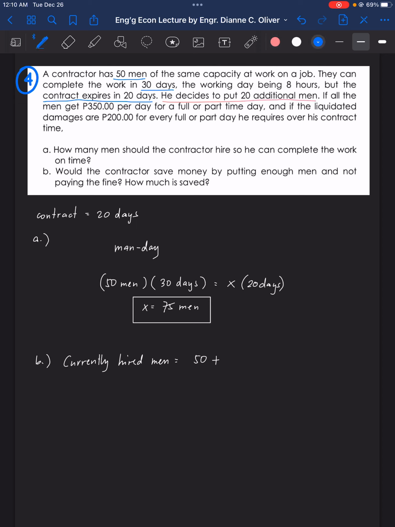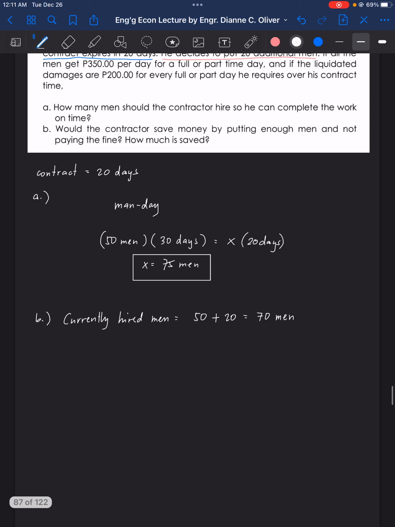Meaning, he hires 20 additional men. So he has a total of 70 men to finish the work. That means he will exceed the contract of 20 days. So we will solve that.